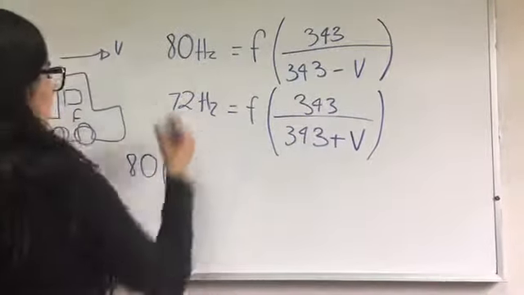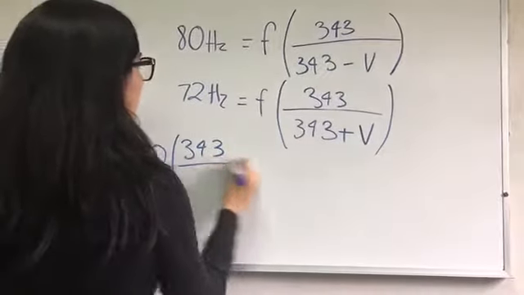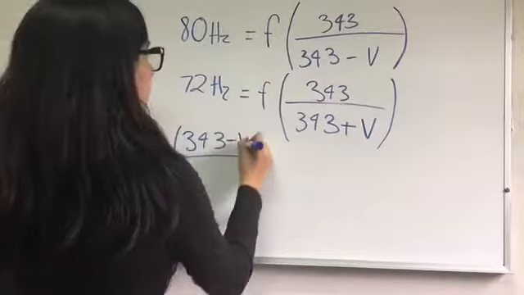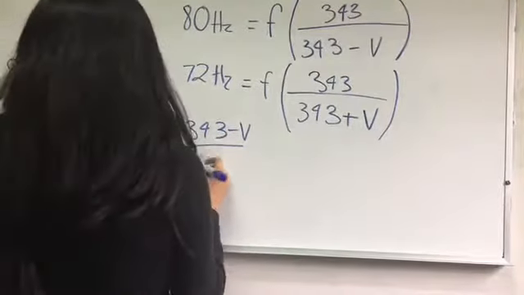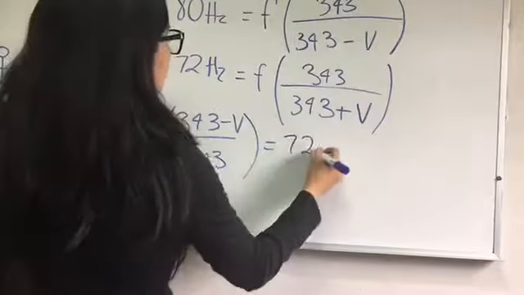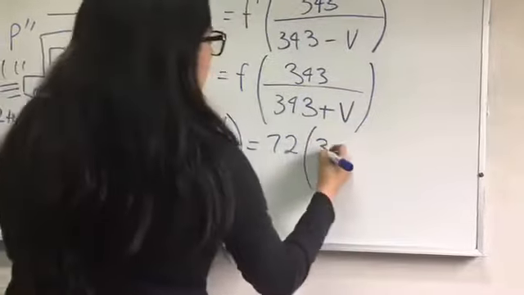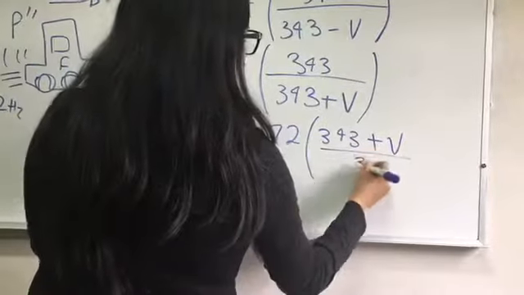We get that 80 times the speed of sound minus the velocity over the speed of sound is equal to 72 times the speed of sound plus the velocity over the speed of sound.